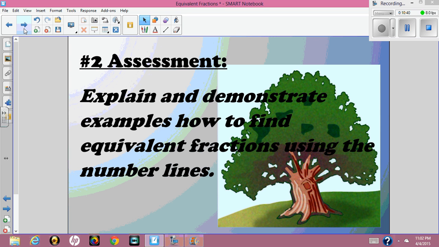We will demonstrate these. I want you to be familiar with these tools and information so that as we practice, you will be able to understand and compare equivalent fractions and understand how to identify an equivalent fraction.